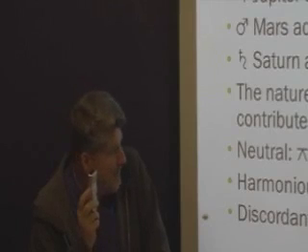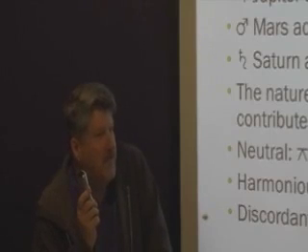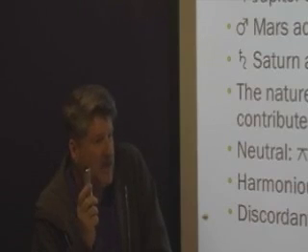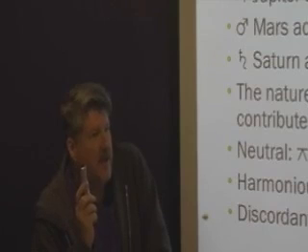Yes? Do we have to remember all of the symbols? If you want to learn astrology, you do. You have to remember the symbols for the aspects, the nature of all of the houses, the symbols for the planets, and the symbols for the signs.